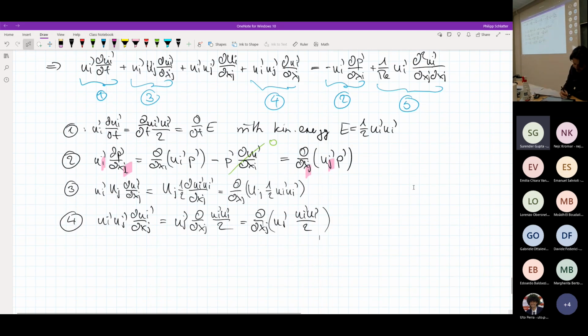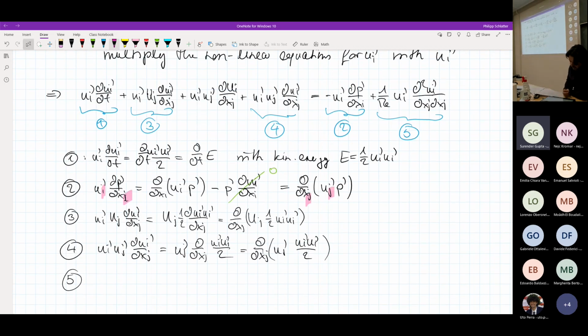And then finally, we have term number 5, which was the viscous term. So for term number 5, let's consider this. We have dxj of ui prime dui prime dxj. So it's not that term yet, but you will see in a second why I'm writing it like that.